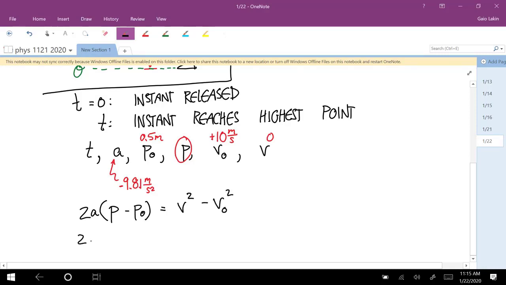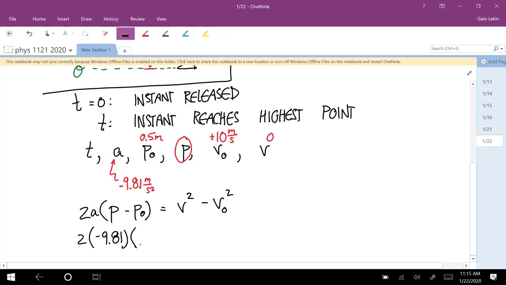And so we have 2 times negative 9.81. Now that all the units are in SI units, I'm just going to leave the units out until the final answer. You could carry them through and the units would all match in the end if you do it right, but I don't need you to do that.